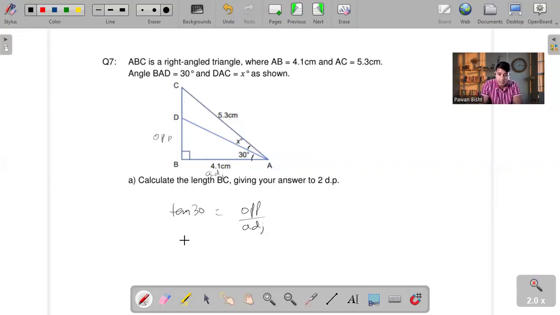What is the value of tan 30? 1 upon root 3. Opposite is BD, and adjacent is 4.1. So what is the length of BD? BD is 4.1 over root 3. Put it in the calculator: 4.1 divided by root 3.